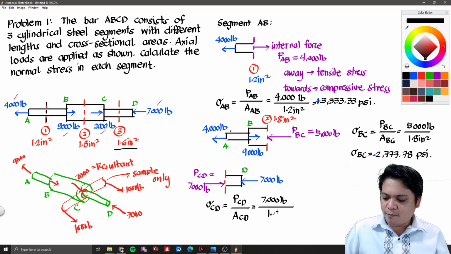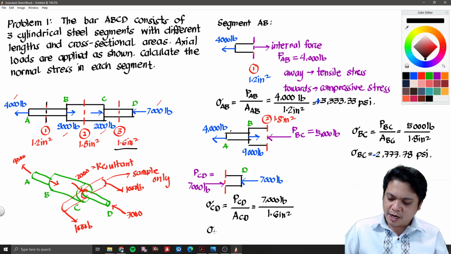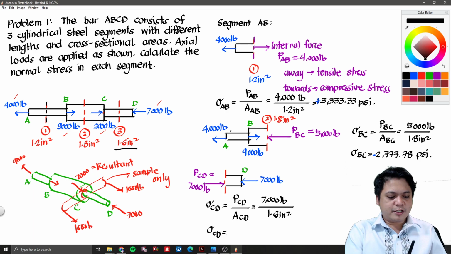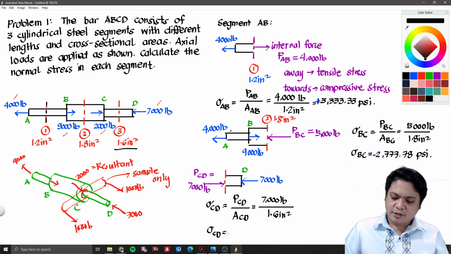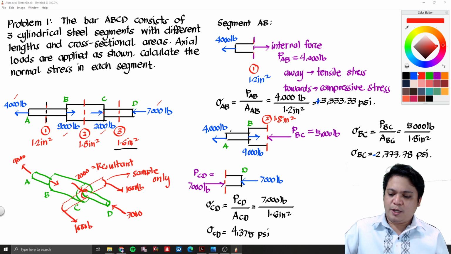So, that's around 1.6 inches squared. So, you will be having here the stress on segment CD is equal to 7,000 divided by 1.6. So, that is 4,375. Again, this is pound per square inch. So, you will be having here PSI.